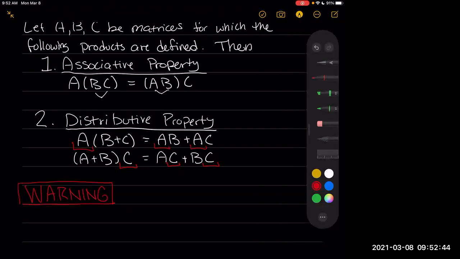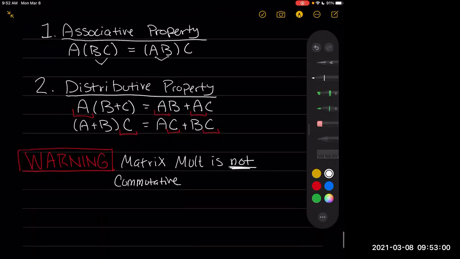Matrix multiplication is not commutative. That means in general, AB does not equal BA.